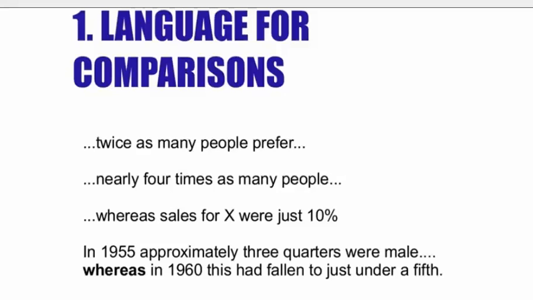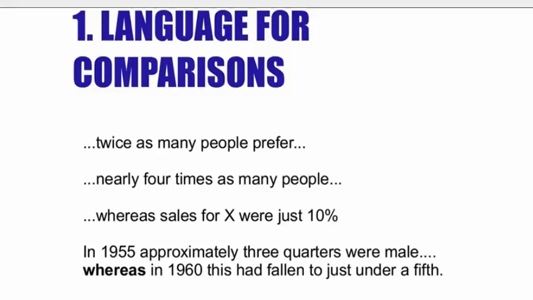Now, we're also going to need the language for comparisons. So, if we're making comparisons, here are some set phrases. We can say, twice as many people prefer Kellogg's over, I don't know, supermarket Y own brand or whatever. Nearly 4 times as many people listen to IELTS podcast than IELTS whatever. Okay.